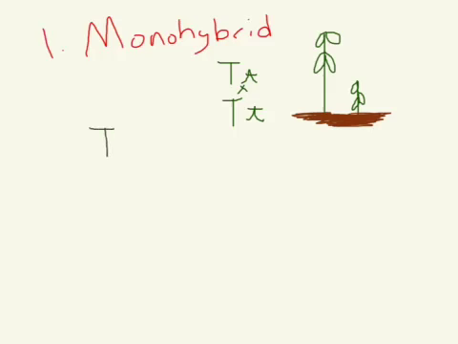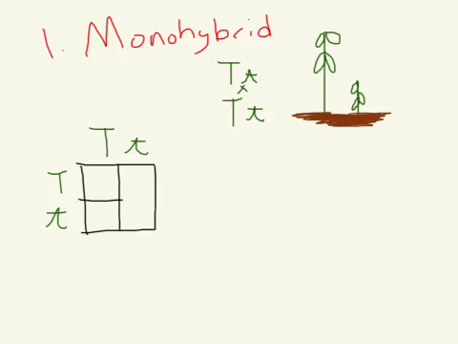So next step is to actually do our cross. Set it up here. Make our box. And then bring each allele down in order to see what the probability of our offspring would look like.